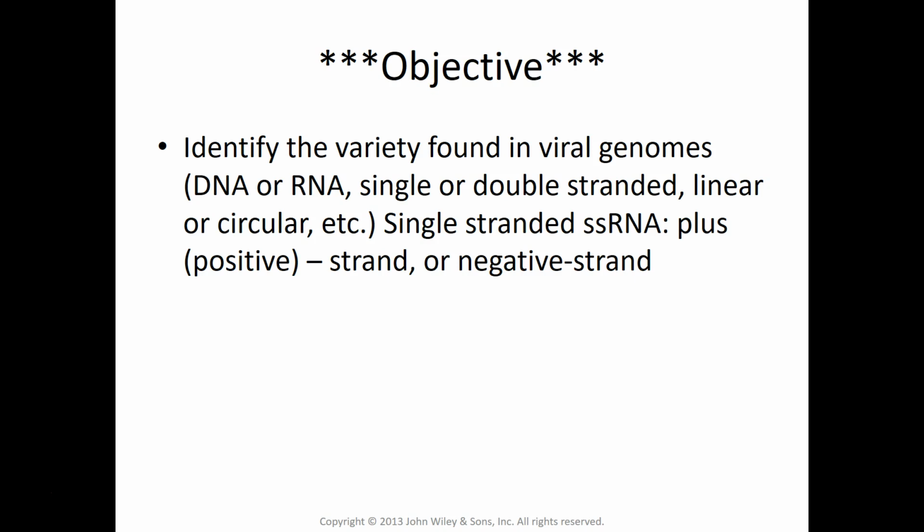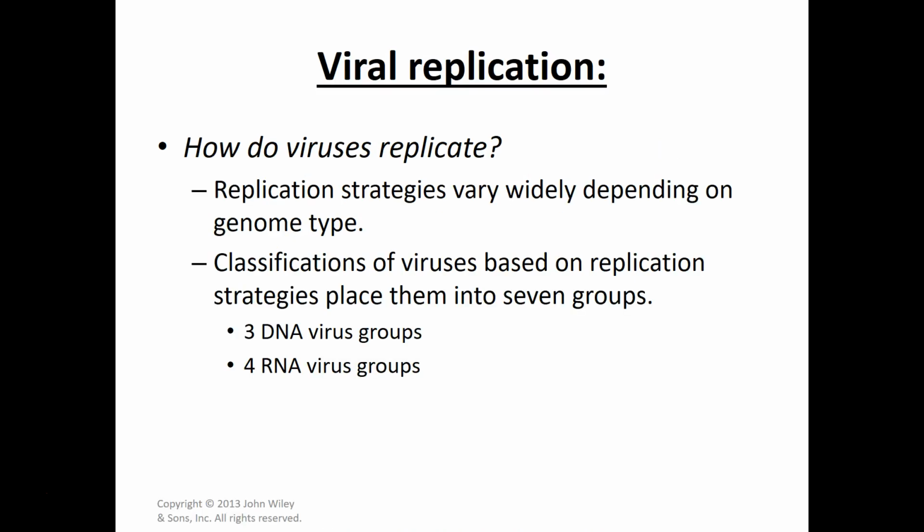If our ribosomes can't bind to their RNA, what additional step are they going to need to do, and what additional enzymes do they need to come with? They've got to turn that minus strand RNA at some point into plus strand RNA, so that it can be read by the ribosome. That's when I show you a scary picture pretty soon.